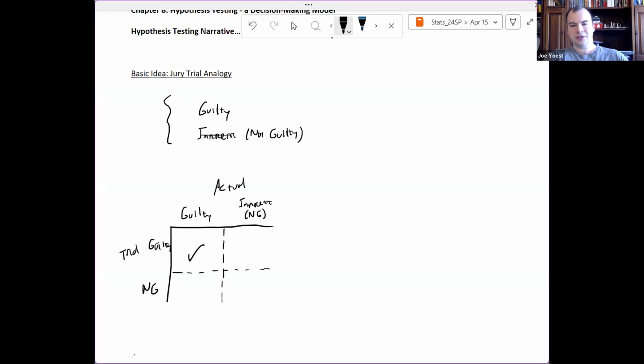It's accurate in that case. If it comes back not guilty and you're innocent, aka not guilty, that's also good. In these other two cases, we've made an error. If our trial calls somebody guilty, but they're actually innocent, we made an error. If our trial says that somebody's not guilty, but they are actually guilty, we've made an error.